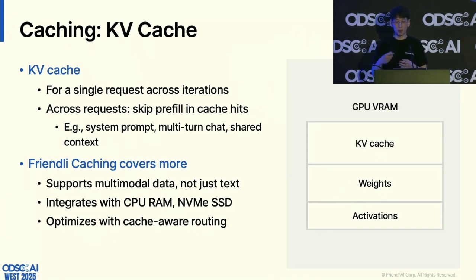It supports multimodal data, not just text, integrates with CPU RAM and NVMe SSD, and optimizes with cache-aware routing. Because of this functionality, multimodal startups like Twelve Labs use Friendli solutions.